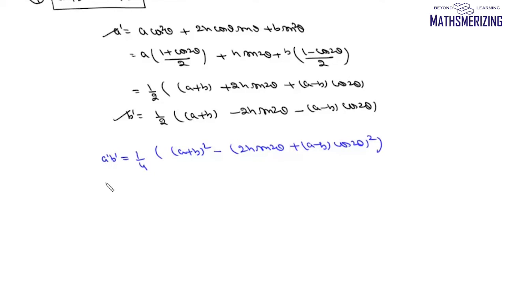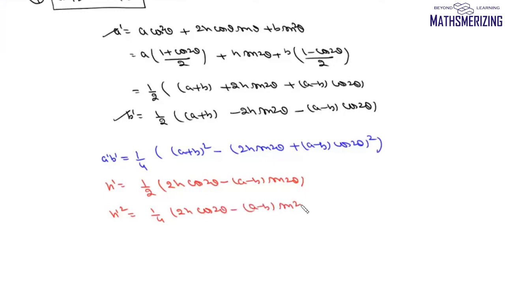Now we'll also simplify h dash, so h dash will be 1 by 2 [2h cos 2 theta minus (a minus b) sin 2 theta]. So h dash square will be 1 by 4 times [2h cos 2 theta minus (a minus b) sin 2 theta] whole square.